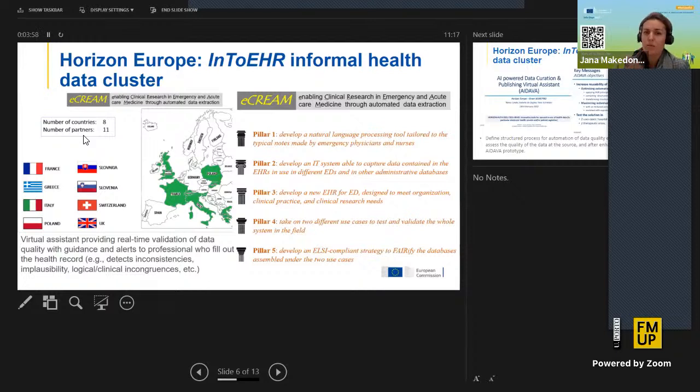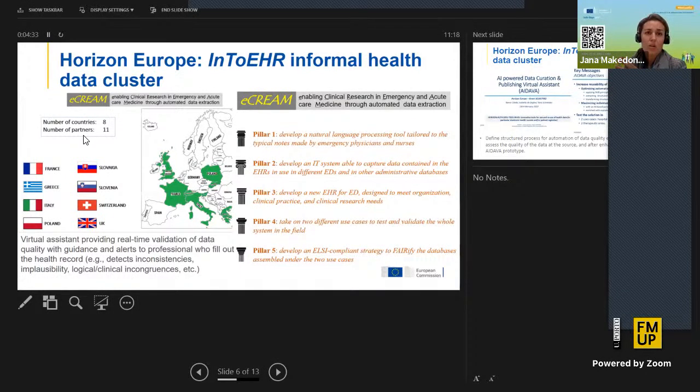They focus on a number of interesting questions tailored to the needs of the emergency departments, such as processing these notes that are written in haste by these professionals who take care of these patients, develop an IT system that actually captures the data contained in the EHR in use in the emergency departments, integrating this data with data sets from administrative databases, and in the end, develop an EHR for emergency departments fit for the actual needs and test and validate these solutions in 2 use cases.